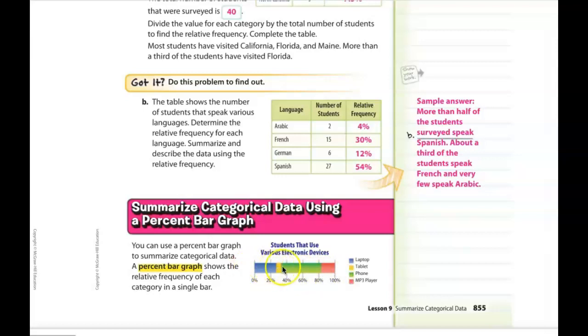So this particular bar graph from 0 to 100%, you'll notice that over 20% of people use a laptop, a smaller amount use a tablet, and a large percent will use their phone, a smaller percent will use MP3 players. So you basically find the relative frequency and then you translate that into a bar graph.